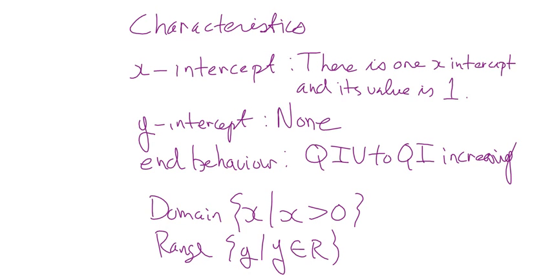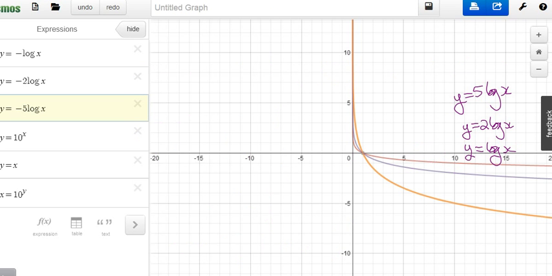So we're going to modify this. The end behavior is quadrant 4 to quadrant 1, increasing, if a is greater than 0. And the end behavior is, okay, what's this end behavior? Quadrant 1 to quadrant 4, right?